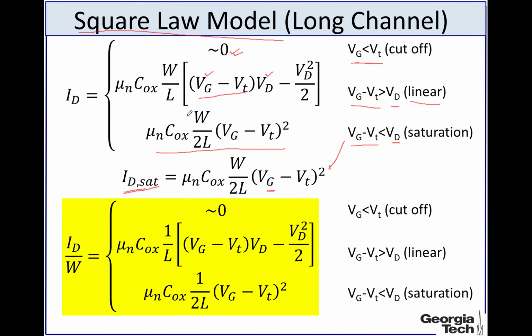Now in this equation the current is in amperes. Quite often we are also interested in current per unit width of the MOSFET, and in those cases you use these equations.